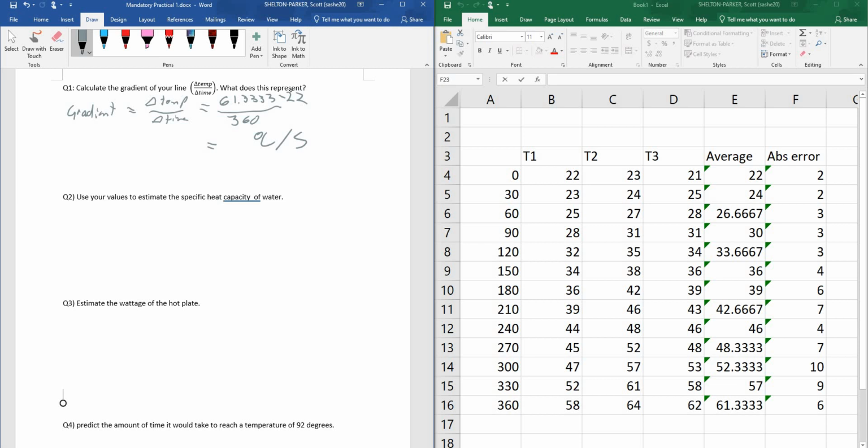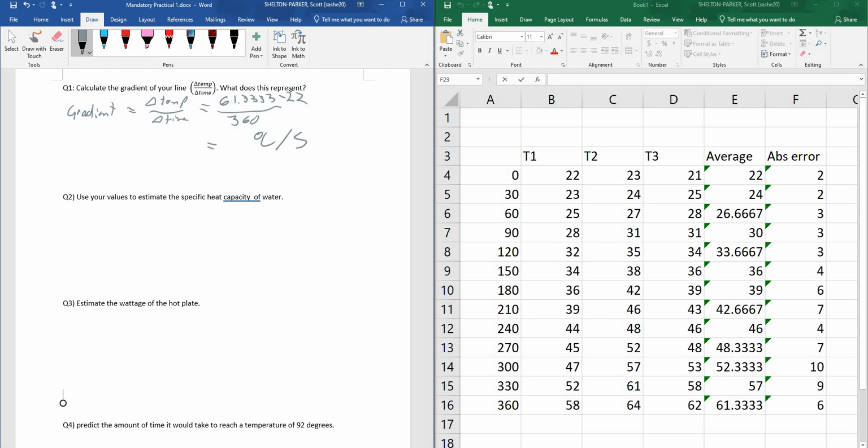Oh, come on, get the calculator. Sorry? That cannot be right. 640 divided by 360 cannot be 9 point something.